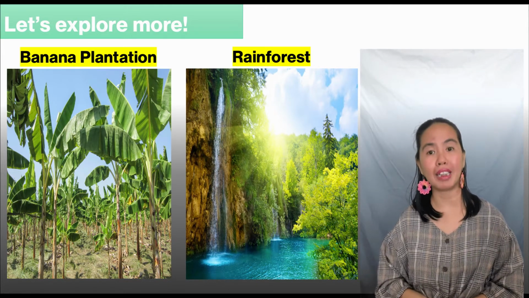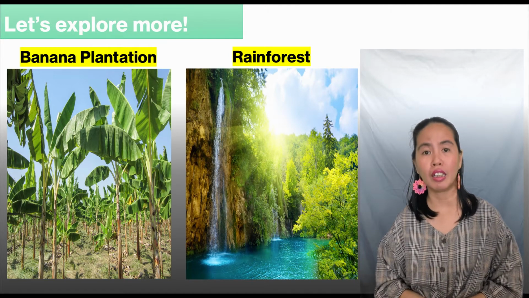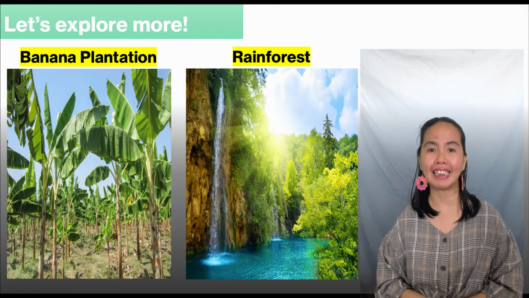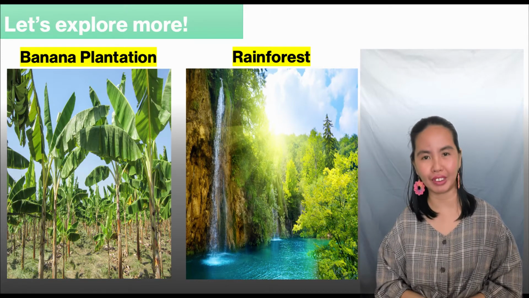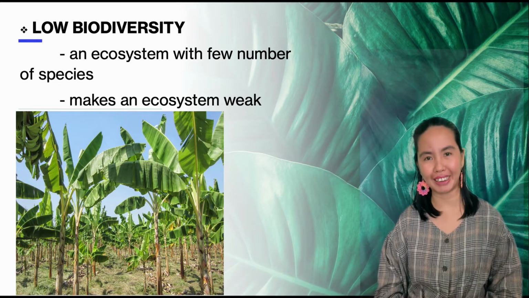Which between the banana plantation and the rainforest will likely survive or easily recover when a strong typhoon comes or heavy flooding occurs? Which has low biodiversity? Which has high biodiversity? Banana plantation has low biodiversity.